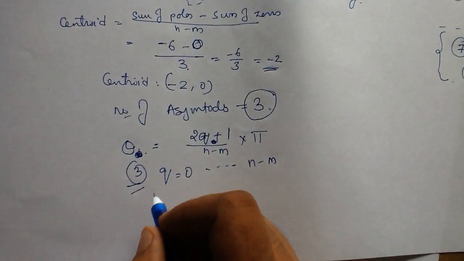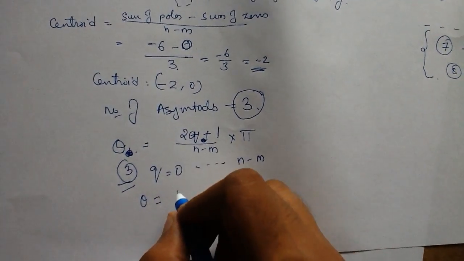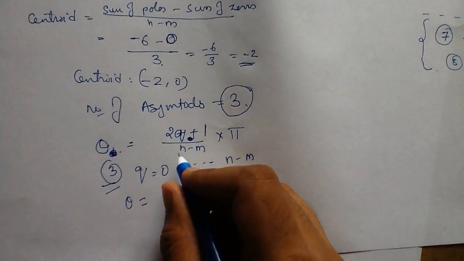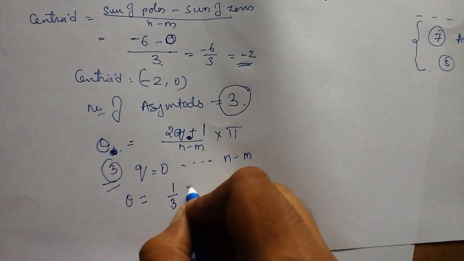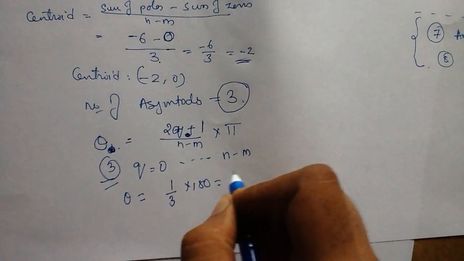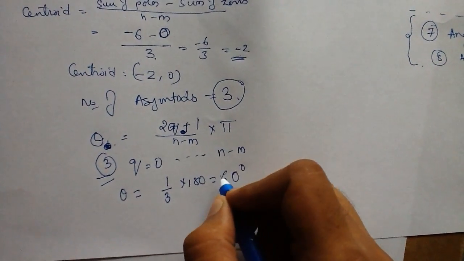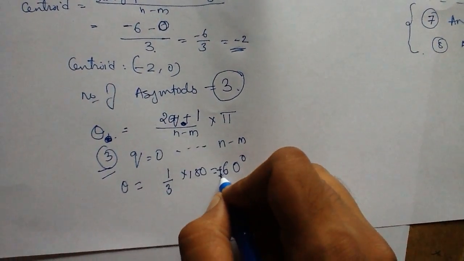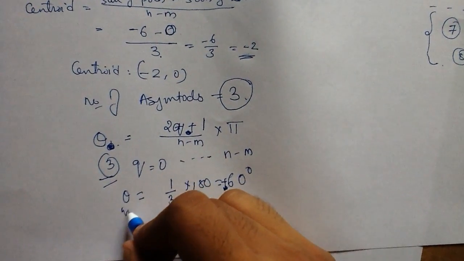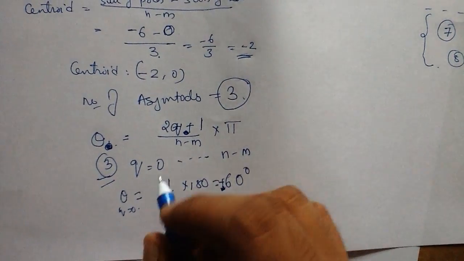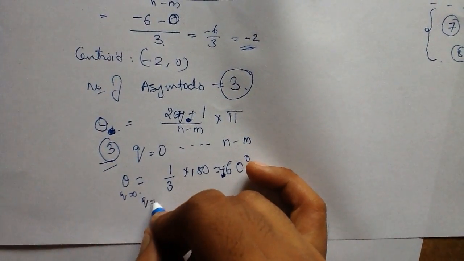In the first case, substituting q equal to 0 in 2q plus 1, we get 1 by 3 into 180. That will be plus 60 degrees. So this is theta when q is equal to 0. Now I'm going to take q equal to 1.